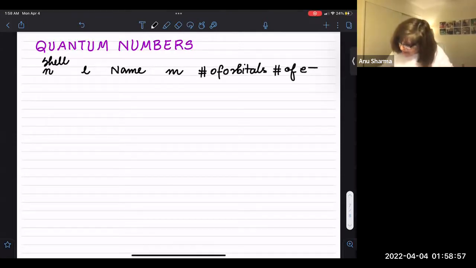So the name of the subshell, L is the subshell, and then these are the orbitals and the electrons.